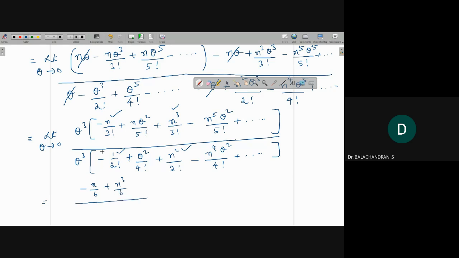The denominator: minus 1 by 2 factorial plus n square by 2 factorial. So you can write this as n cube minus n divided by 6, into 2 by n square minus 1, or n into n square minus 1, 2 by 6 is 1 by 3, into 1 by n square minus 1.